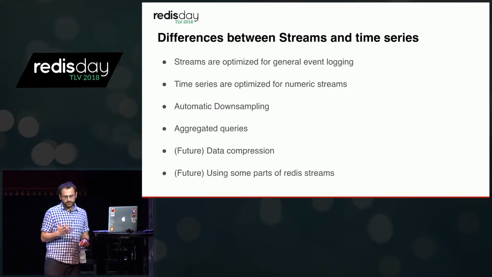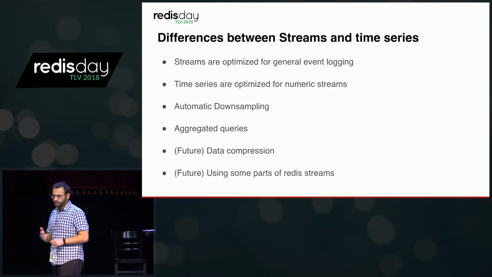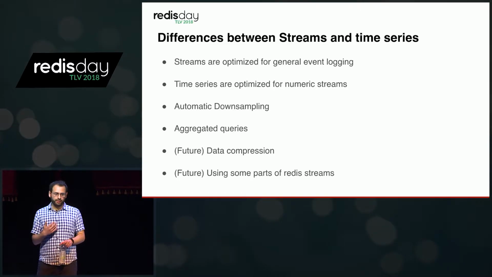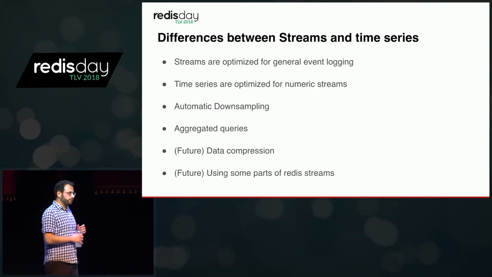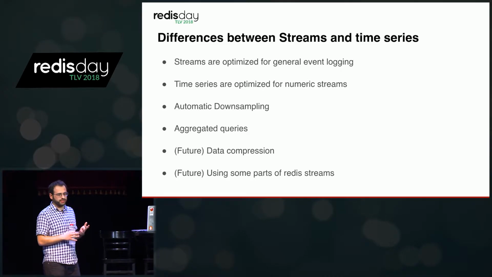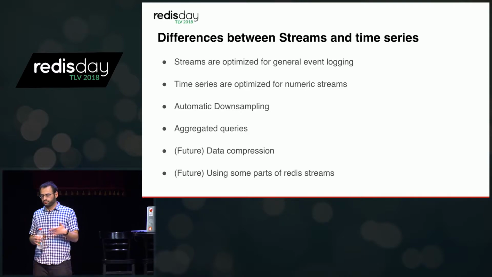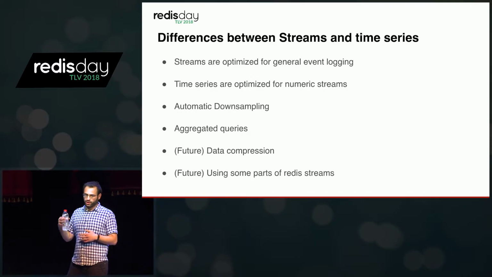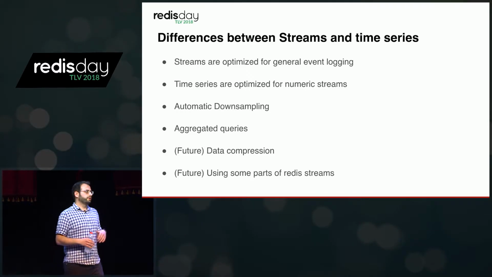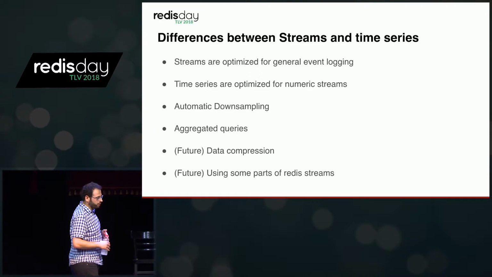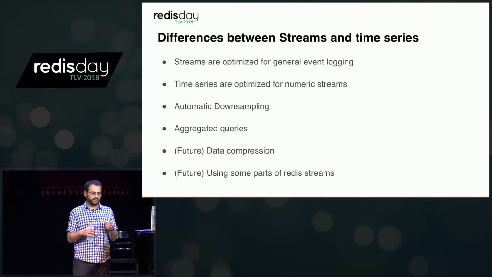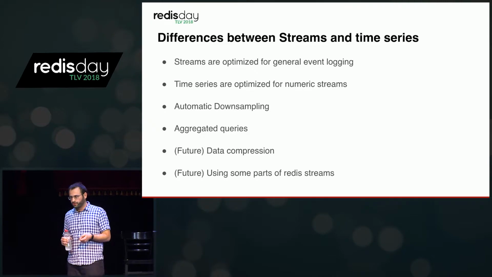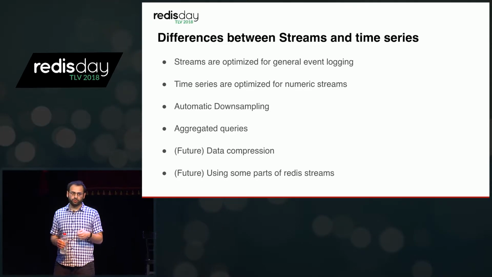OK, so streams. A lot of people ask me, what's the difference between streams and my module? There is a lot of similarity. Basically the basic concept is very similar. You have timestamps and you have data per timestamp. What I've been working on is a very specialized stream. It's a stream where all the data is numeric.